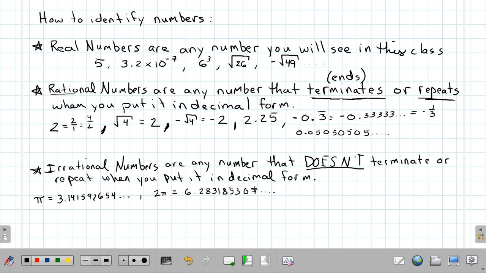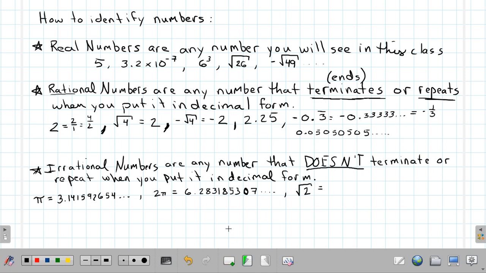It goes on forever. And notice it doesn't repeat. None of the numbers repeat, okay? So there's no set of numbers that repeat over and over and over again, no pattern, okay? So in this case, the number 2 pi is also irrational. Another number that is irrational is something like the square root of 2.